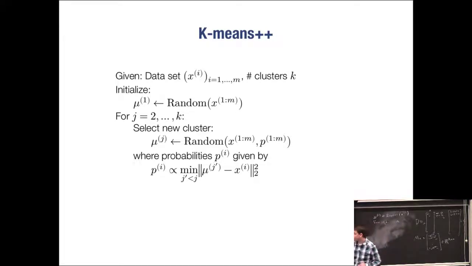So I'm going to iterate over all my other clusters, and I'm going to select each cluster center to also be a random x, but with a non-uniform sampling distribution. So xj is going to be random.